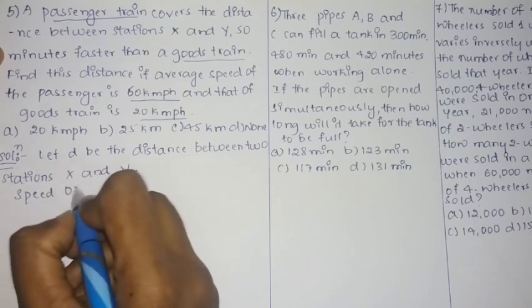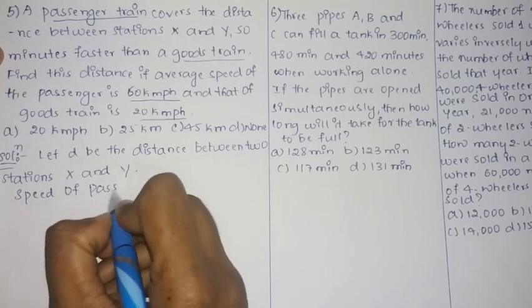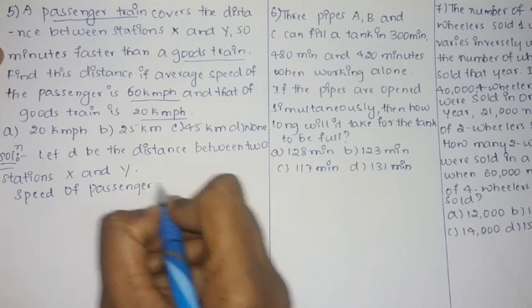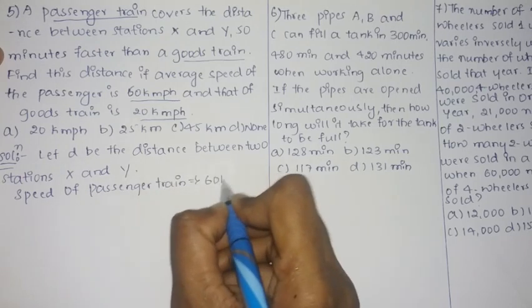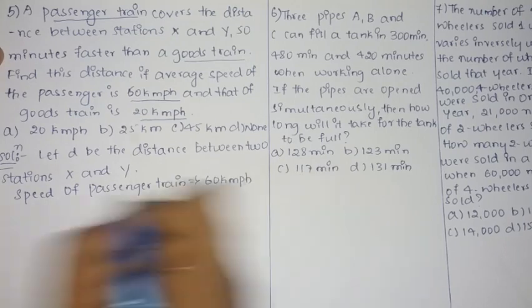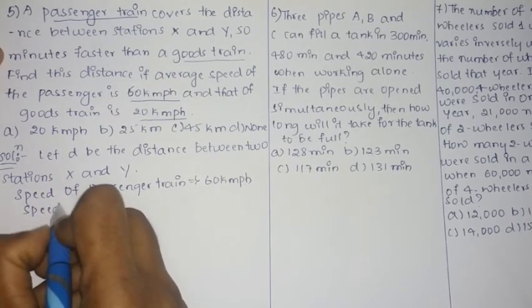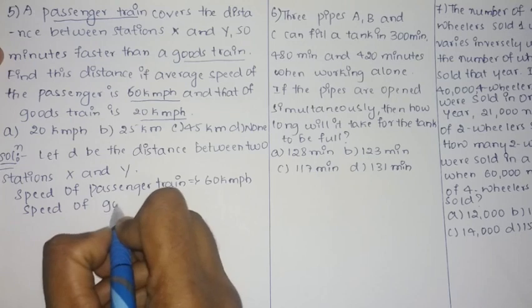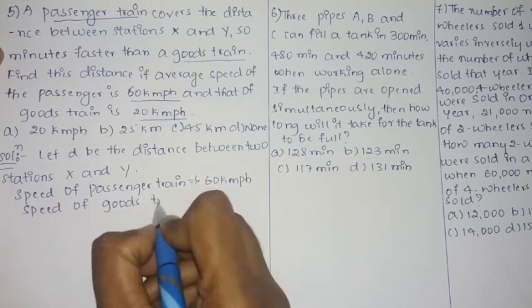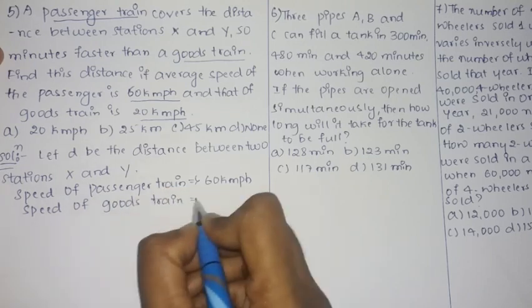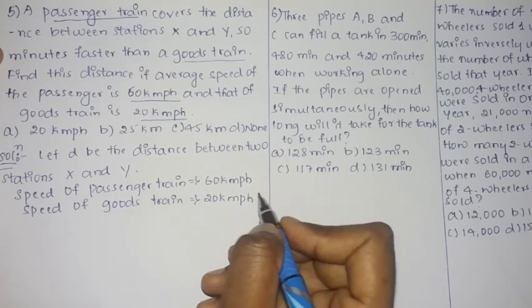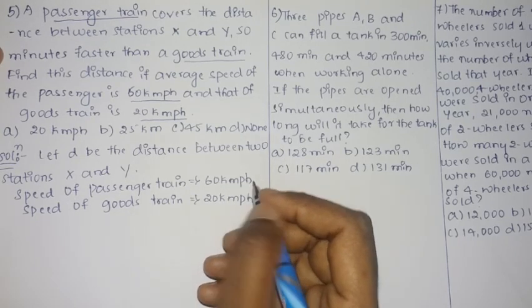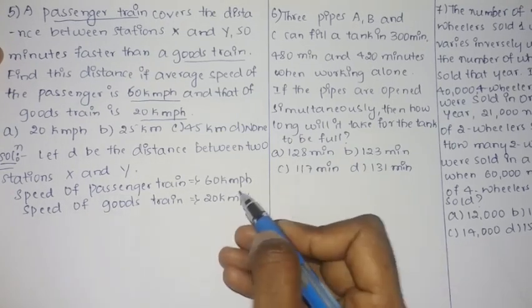The speed of the passenger train is 60 km per hour, and similarly the speed of the goods train is 20 km per hour, and this is already given.